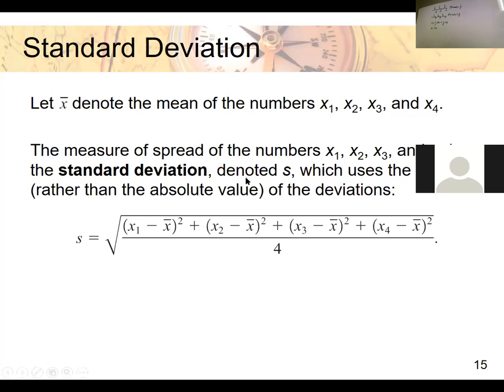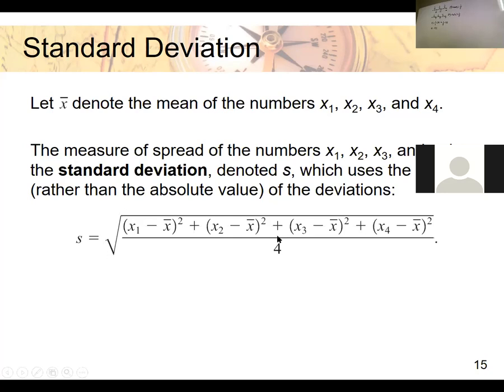The measure of spread of those numbers is called the standard deviation, and we use lowercase s to denote standard deviation. This uses the square of the deviations rather than the absolute value. So here we don't use absolute value. We use the square of those deviations.